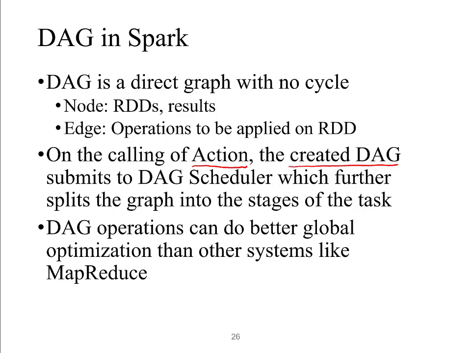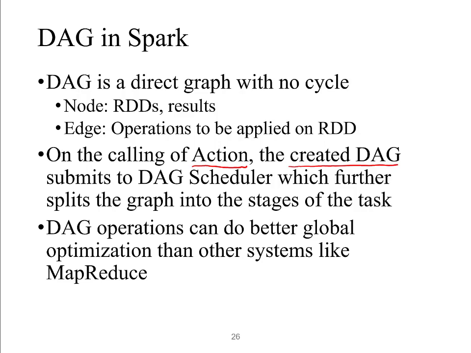Now, when the DAG is created, it will be submitted to a DAG scheduler, and the DAG scheduler will further split the DAG into stages of tasks. Then the stages are passed onto the task scheduler.